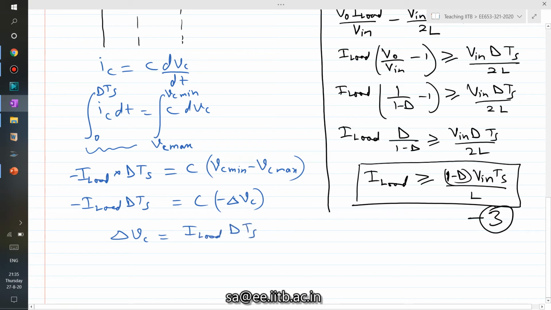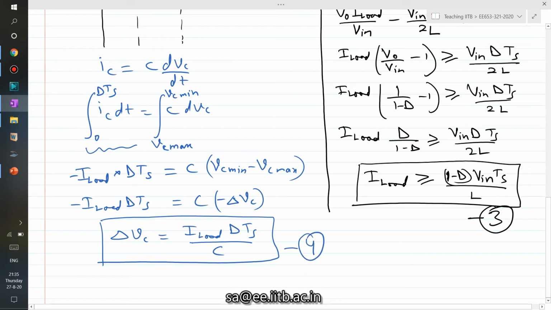Sorry, not cross multiply. If we just shift C on the left hand side, we get an expression for delta Vc in the first case. Let's mark it as equation number 4.